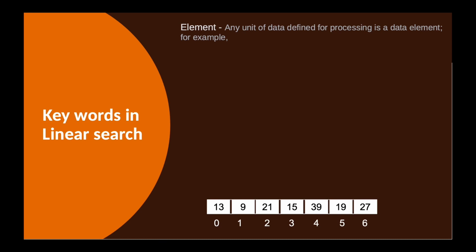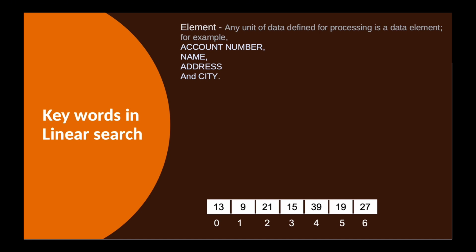Examples of elements are account number, name, address, and city. So these are examples of elements in linear search.